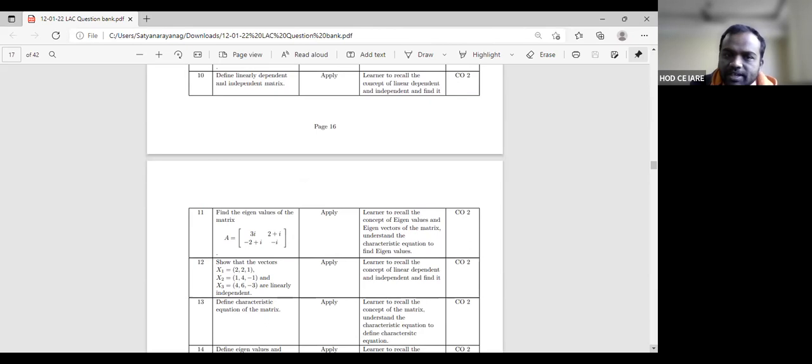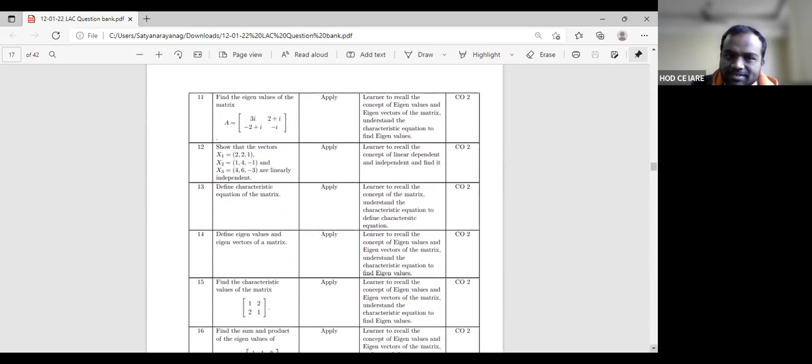And find the eigenvalues of the matrix, complex matrix also. In the 12th one also they have the definition of linearly independent. Define the characteristic equation of a matrix: for any square matrix, the det of A minus lambda I is equal to 0 is called the characteristic equation of the matrix. Define eigenvalues and eigenvectors.